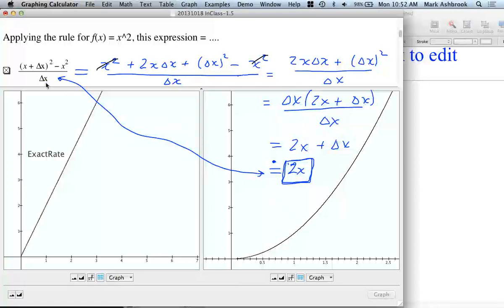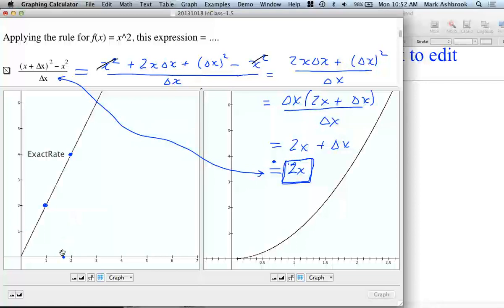These are essentially equal when delta x gets very small. Look at our exact rate function that we came up with: we have the point 1, 2 and the point 2, 4, and it coincides perfectly with this algebraic result, 2x.